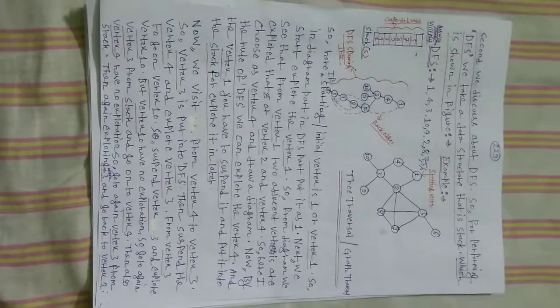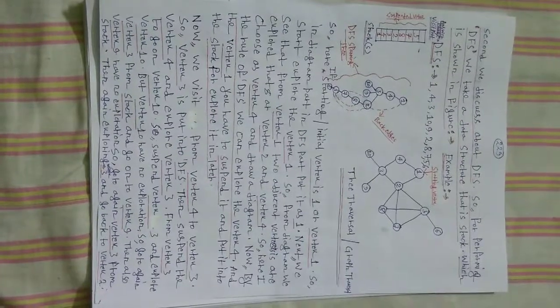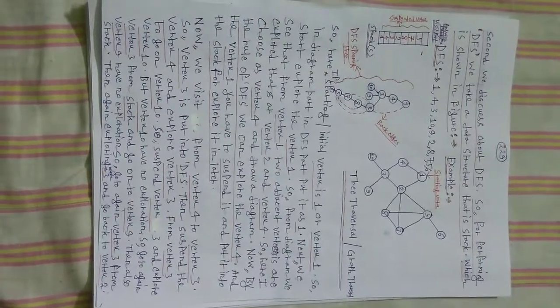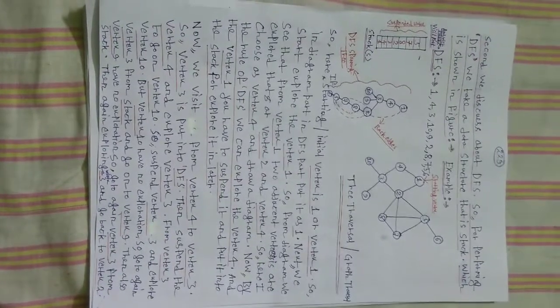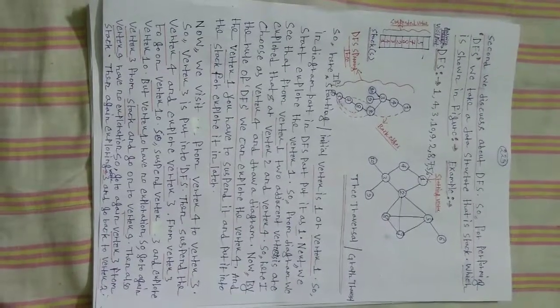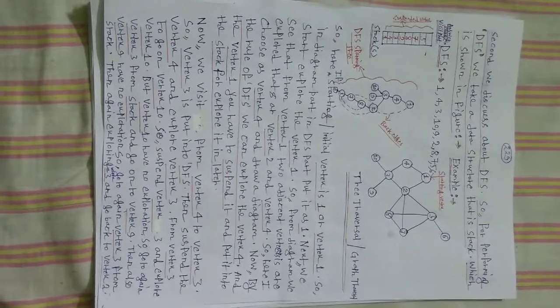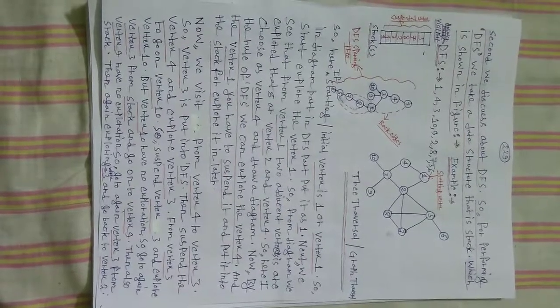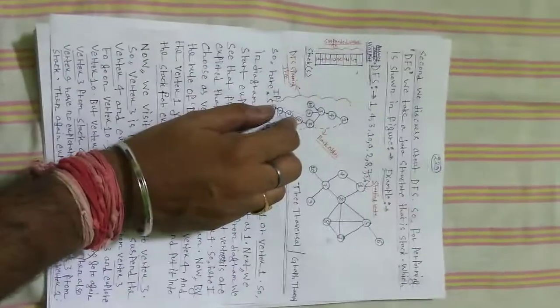From vertex 3 we go to vertex 10, so suspend vertex 3 and explore vertex 10, but vertex 10 has no further exploration, so we return to vertex 3 from the stack and go on to vertex 9. Vertex 9 also has no exploration, so again we return to vertex 3 from the stack.